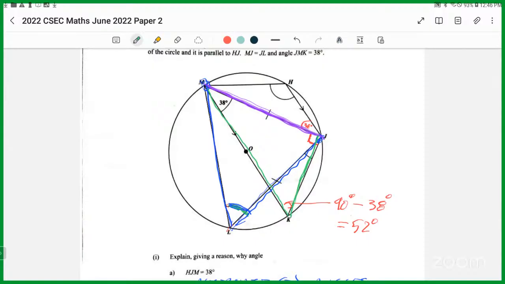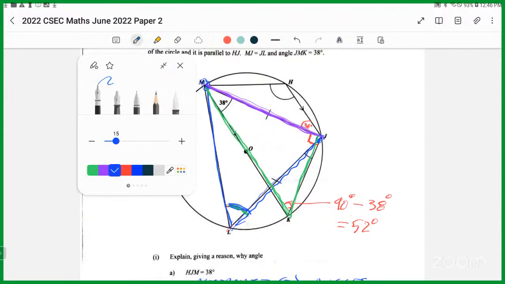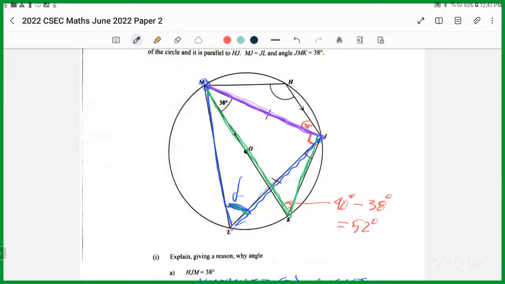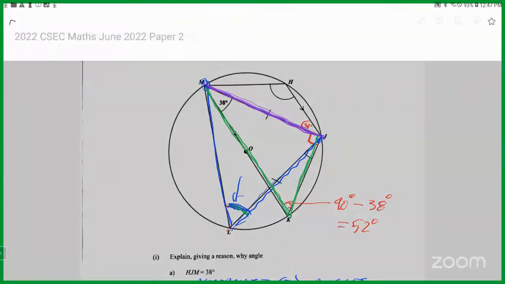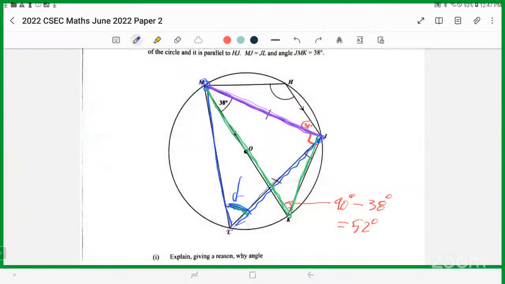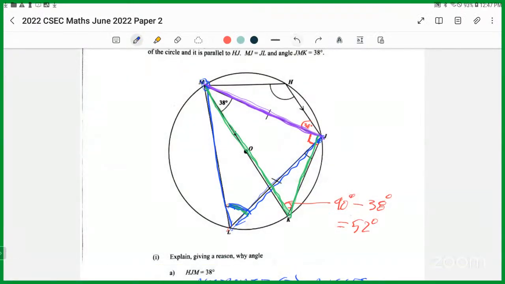So you say, okay, same segment. So these two angles, the one that we want and this one, are equal. And then I was able to find this one because I'm now working in this right angle triangle. By finding this one, I also know this one.